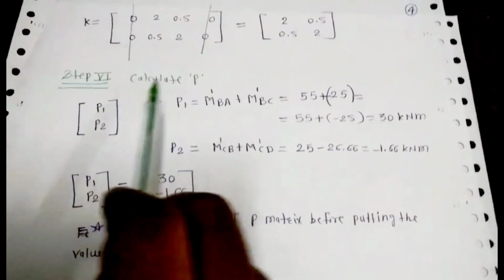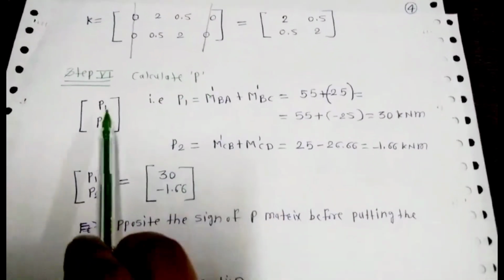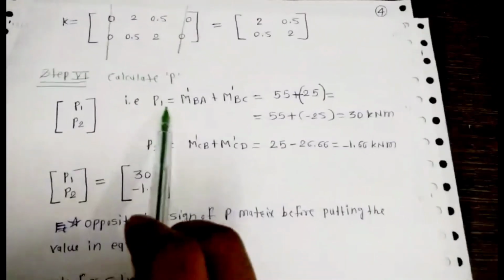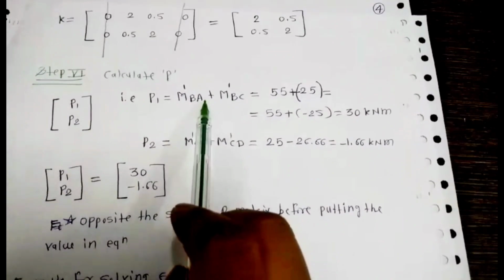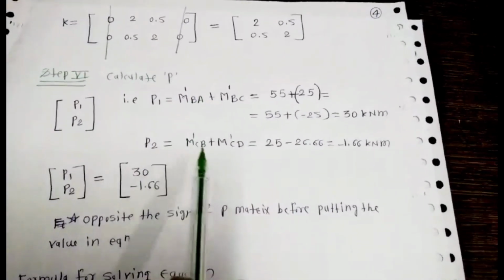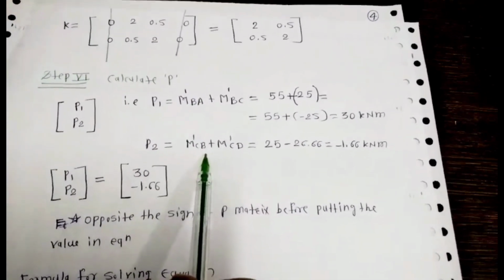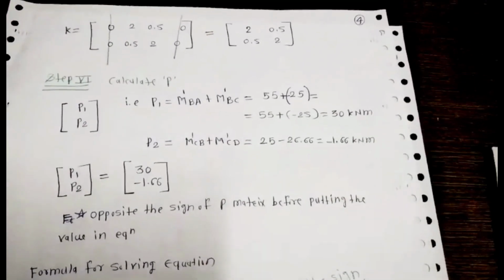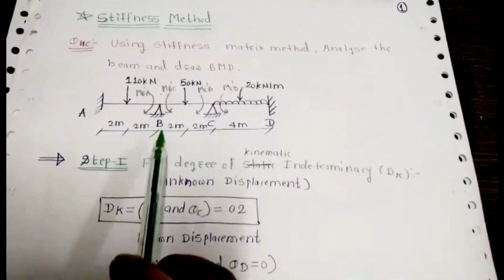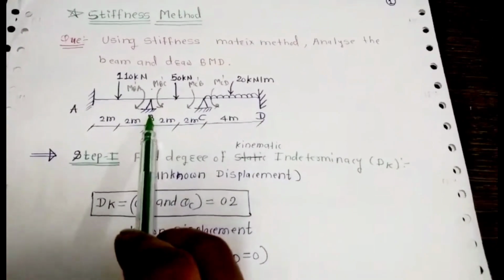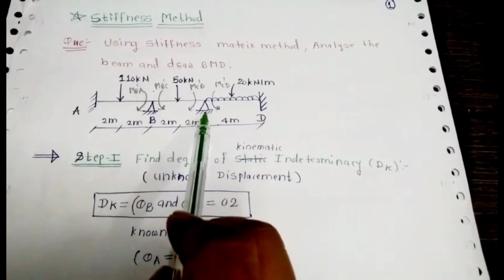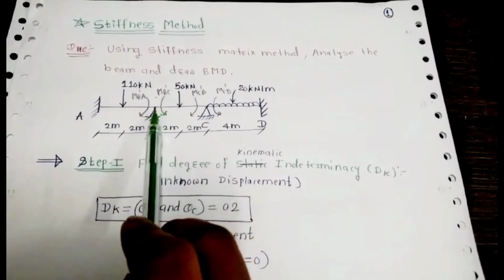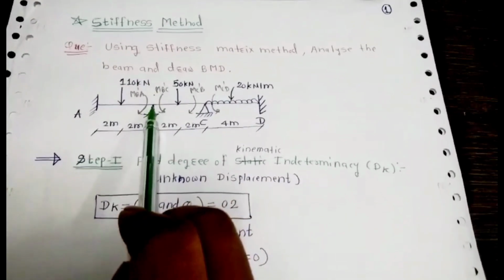Now step number 6 is we have to calculate the P forces, P1 and P2. P1 means summation of fixed end moments at coordinate 1, and P2 means summation of fixed end moments at coordinate 2. You can see here, our first coordinate was theta B, and theta C was the second coordinate. So we have to find P1 and P2.